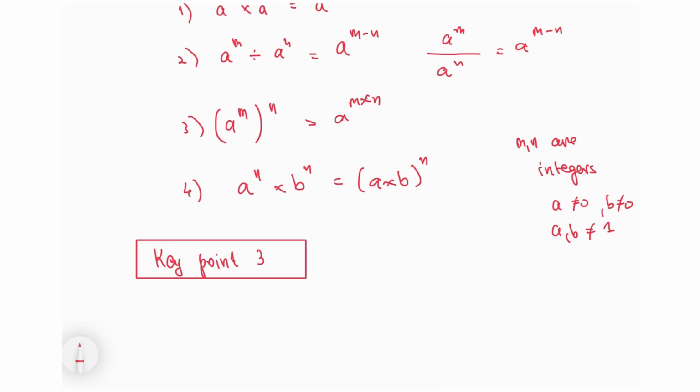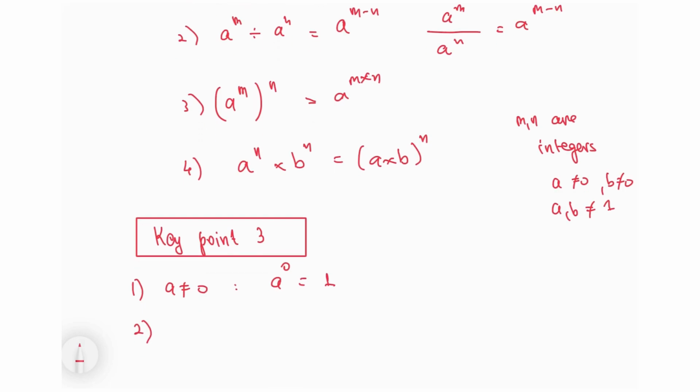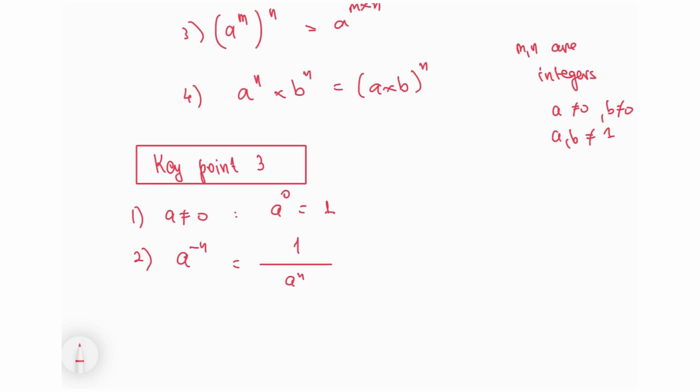Okay, so now when a is different from 0, a to the power 0 is 1. A to the power minus n is 1 over a to the power n, and a to the power 1 over n is the nth root of a.